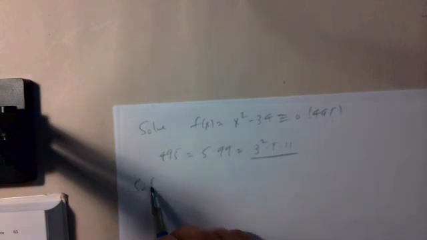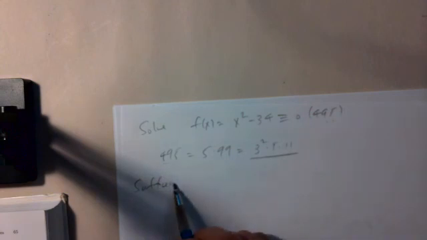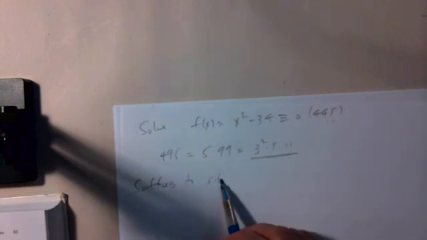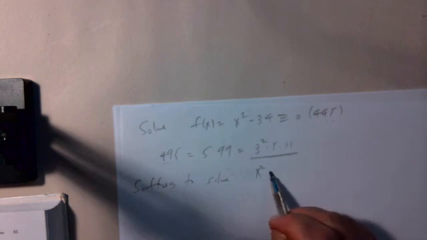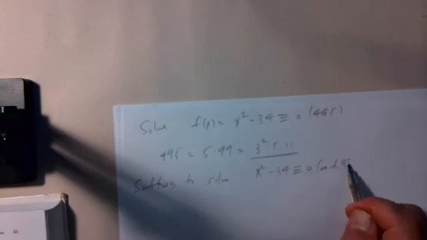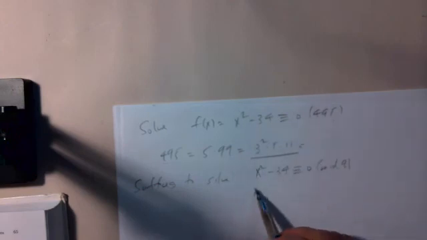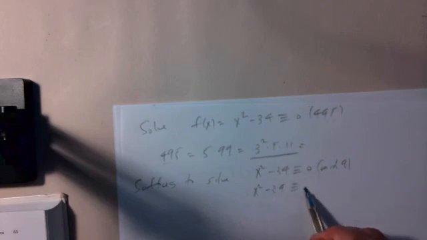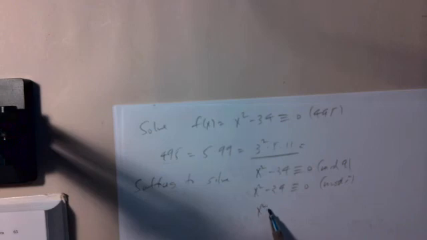So there are 3 prime powers that go into this. So it suffices to solve independently x squared minus 34 congruent to 0 modulo 9, x squared minus 34 congruent to 0 mod 5, and x squared minus 34 congruent to 0 mod 11.